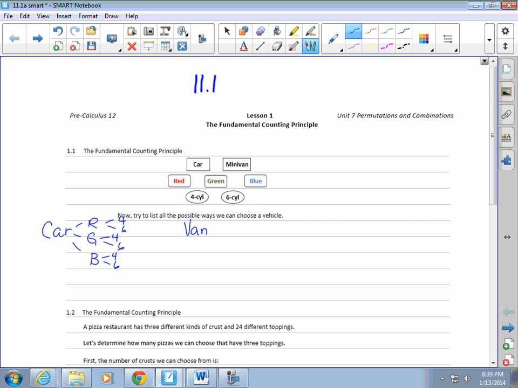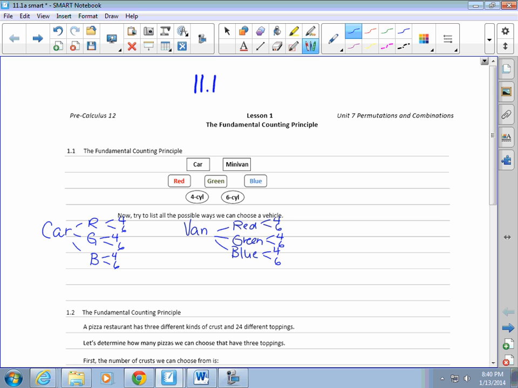So if I go with the van, I could choose a red one. And again, I would choose between a 4 and a 6-cylinder. I could choose a green van with a 4 or 6-cylinder. Or I could choose a blue van, and my options from there are to choose a 4 or a 6-cylinder.